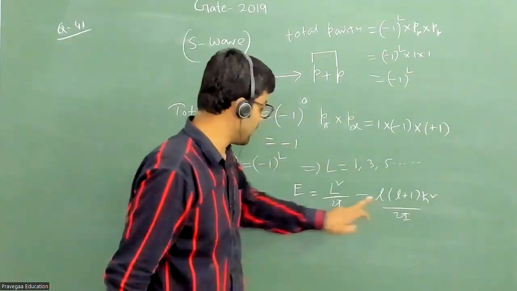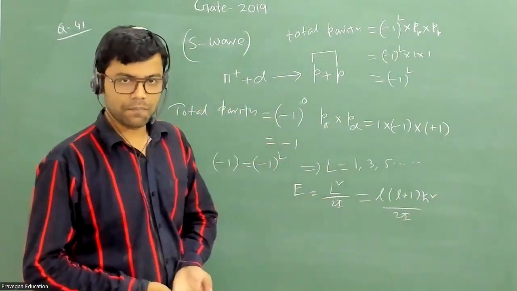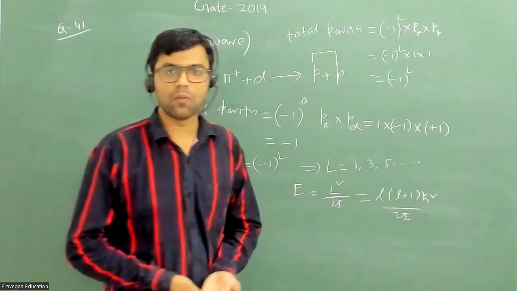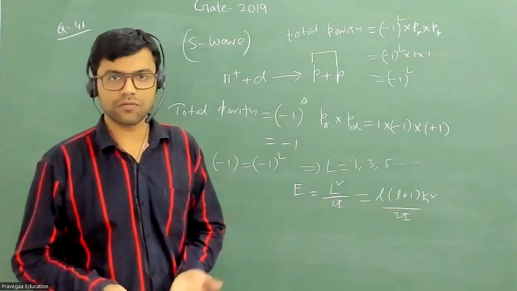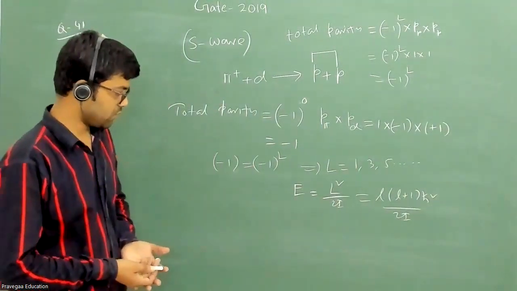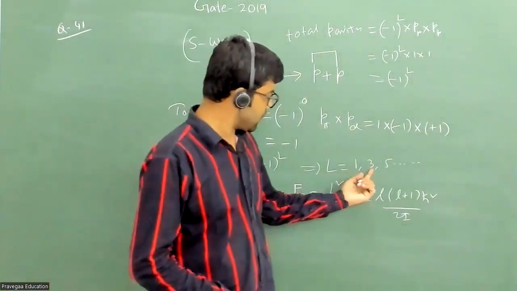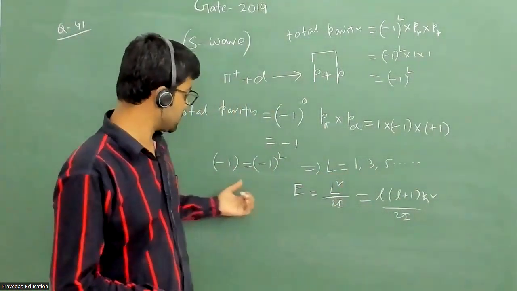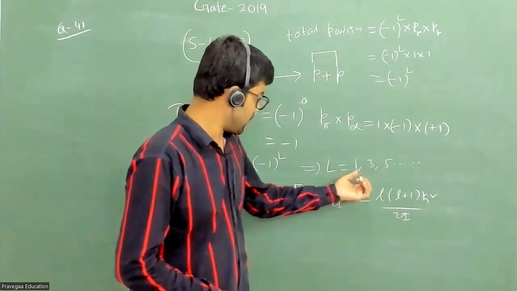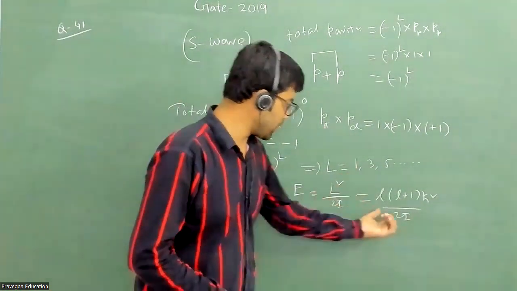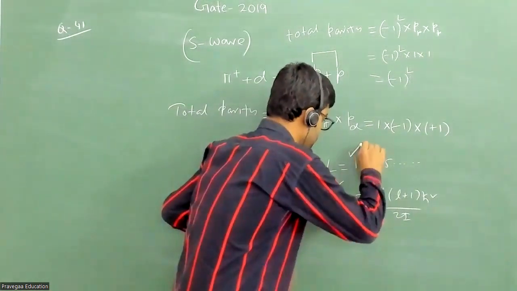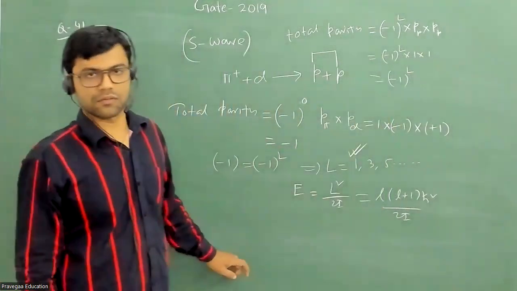Now, if you have a low L, it means you will have low energy, and that will be most favorable. Every system wants to stay in the lowest energy configuration. So although 1 and 3 both satisfy the conservation laws, still L equals 1 has lower energy. That's why this will be the correct option.